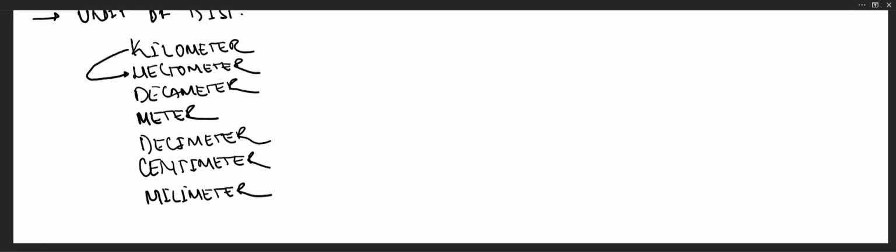We know that 10 hectometer is equal to 1 kilometer. 10 decameter is equal to 1 hectometer.